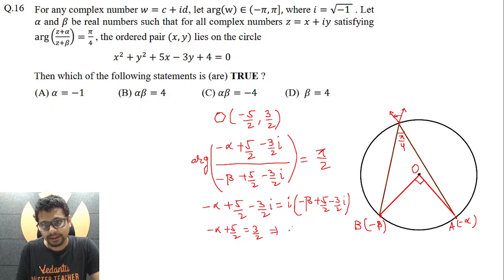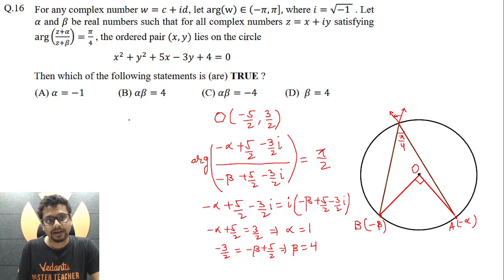So that essentially means alpha is 1. And if you compare the imaginary part on both sides, you get minus 3 by 2 is equal to minus beta plus 5 by 2. That means beta is equal to 5 by 2 plus 3 by 2, 8 by 2, which essentially is 4.